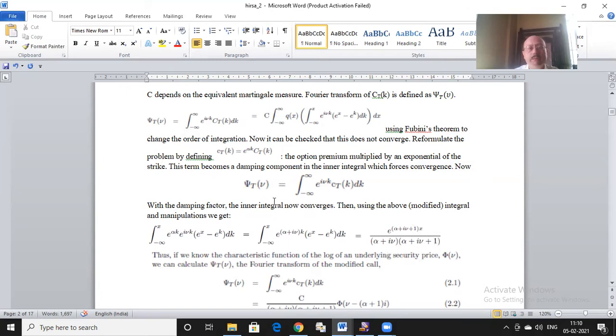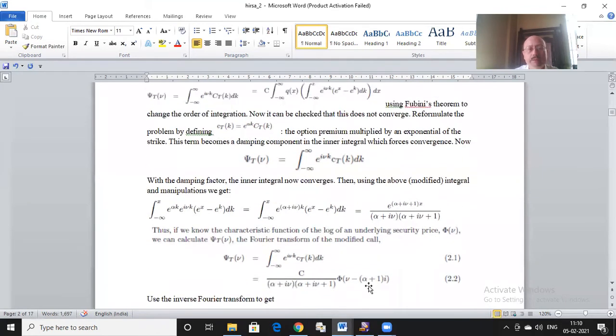I now insert it in psi t, and the final result, using the normal distribution characteristic function, will be equal to this expression. Is that fine? Just check this and tell me if this is okay.